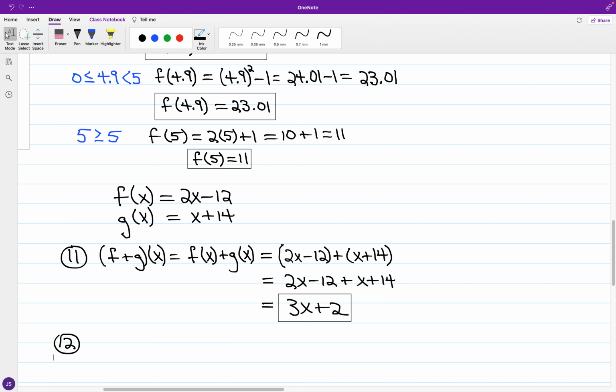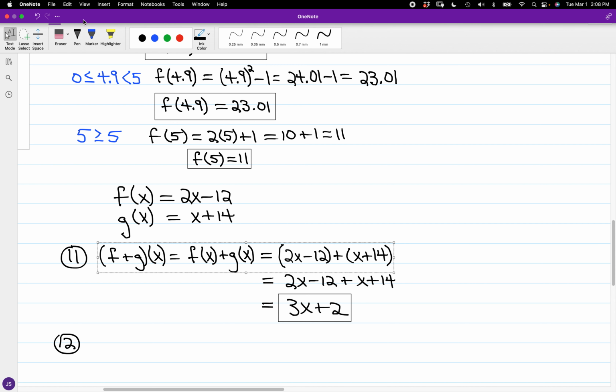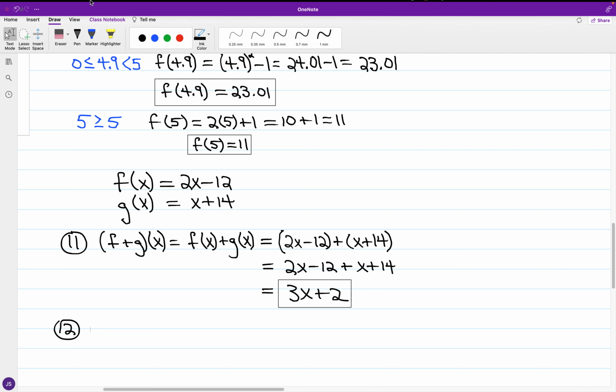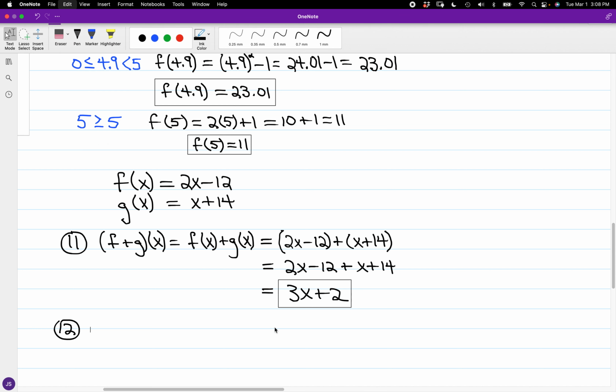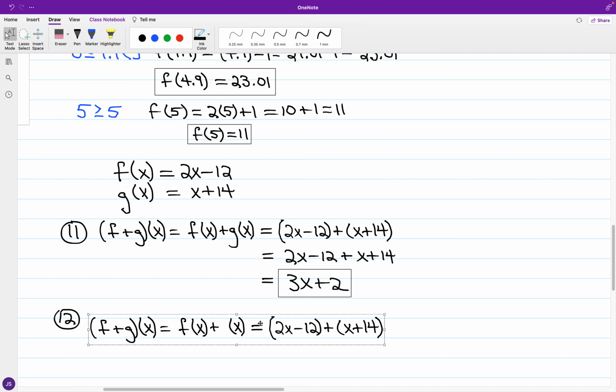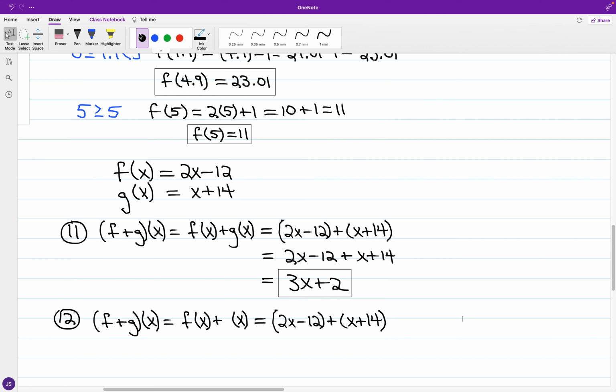Now for the difference function, I'm still working with f of x and g of x. This time for the difference function, we're looking at the difference between f of x and g of x. So again, we have f of x at 2x minus 12, and g of x with x plus 14.